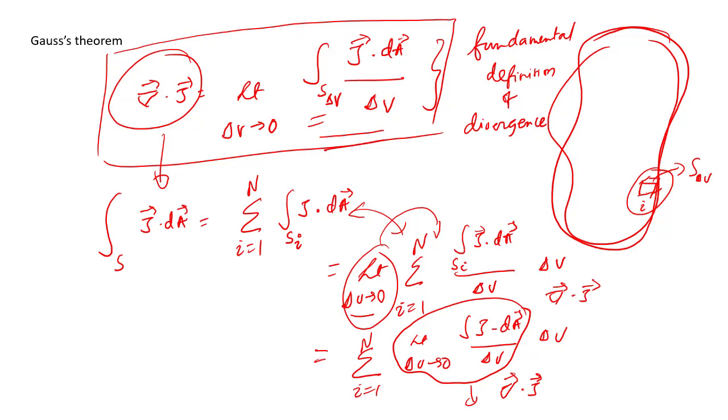But my limit delta V is going to 0, and I'm summing over as limit delta V is going to 0. So I'm using this mental construct to convert this summation into an integral and write this as divergence of J dV, right? And this is over the entire volume of the potato.